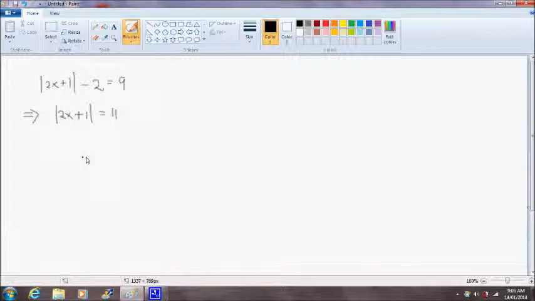And now, as before, we can say that 2x plus 1, the term inside of our vertical absolute value bars, is either equal to positive 11 or 2x plus 1 is equal to -11.